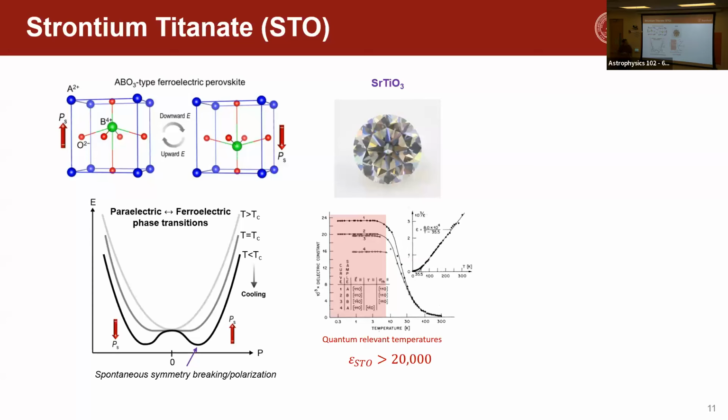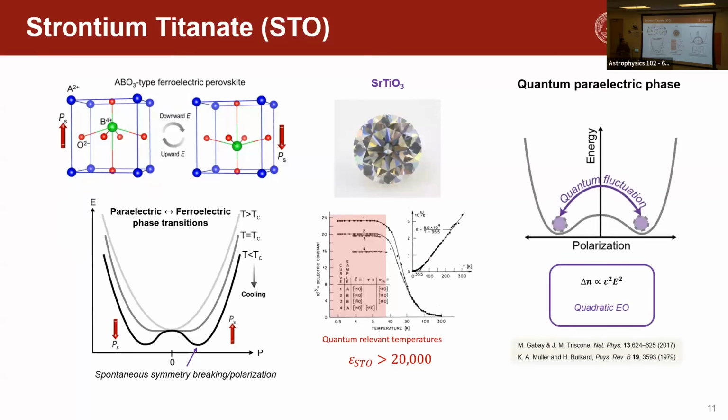But it's been studied, even starting in the 70s, as a material to make very large capacitors, and specifically the dielectric constant as a function of temperature has been studied. It's been shown to have a very large dielectric constant, over 20,000 at these cryogenic temperatures. It's believed to be due to the fact that it's in a quantum paraelectric phase at these low temperatures.